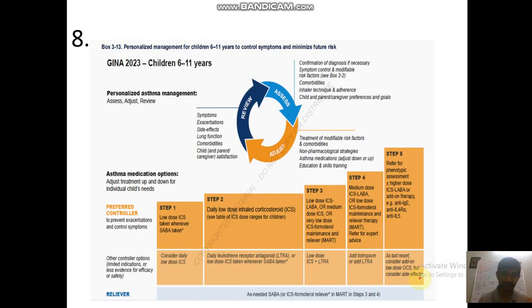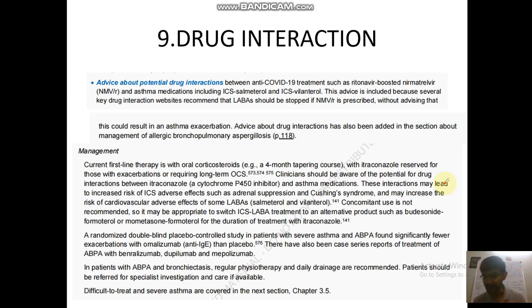That's it. Coming to the eighth, GINA 2023, 6 to 11 years has no change. Step 1, step 2, step 3, step 4, step 5 all remain the same. Coming to the ninth, that is drug interaction. There are two major topics in which the drug interaction has been mentioned.